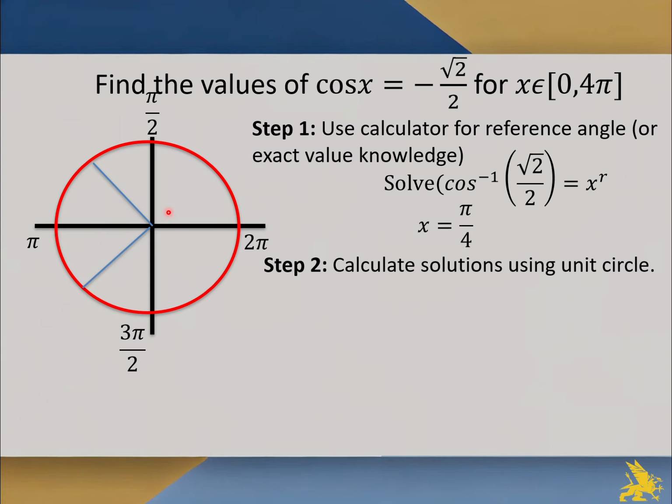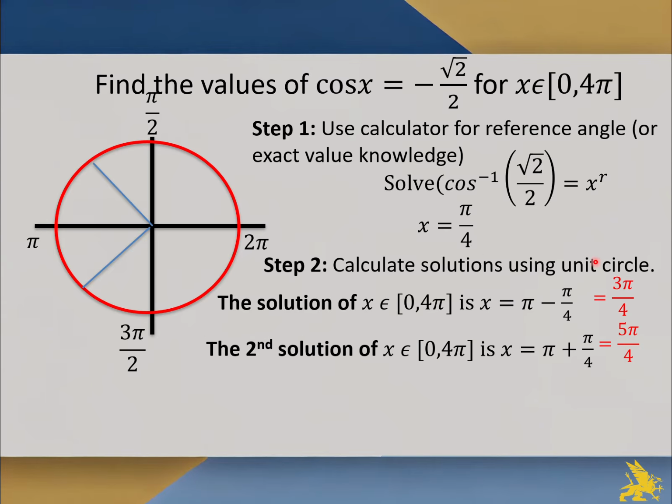So now I know it's pi over 4. To work out what this will be, it will be pi take away pi over 4. Again, I'm using this unit circle here: to get to quadrant 3, I'm adding pi over 4 this time. So that gives me 3 pi over 4 and 5 pi over 4.